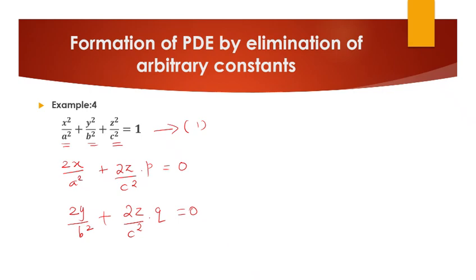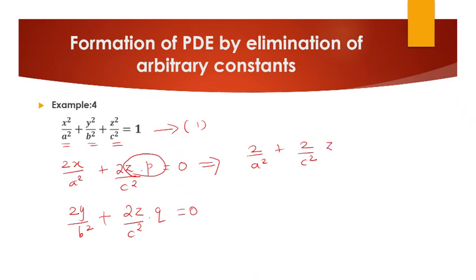Since the given equation involves three arbitrary constants, we are going for the next differentiation. I'm going to differentiate the first equation again with respect to x. This implies that I'm getting 2 by a square plus 2 by c square. Here I have to follow the uv rule, because I'm having two functions in product.